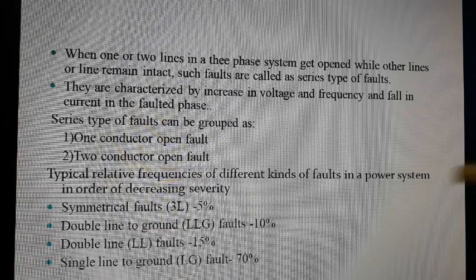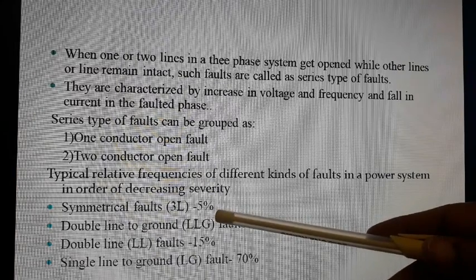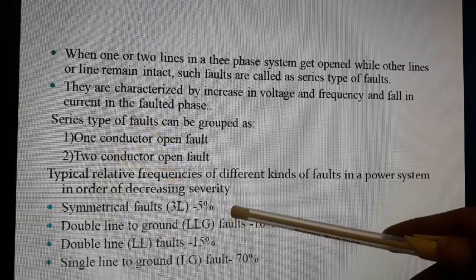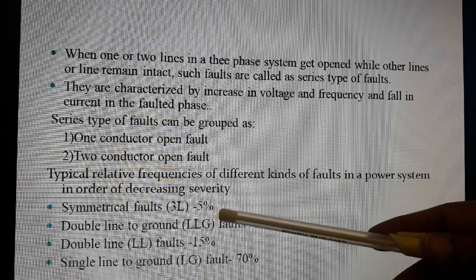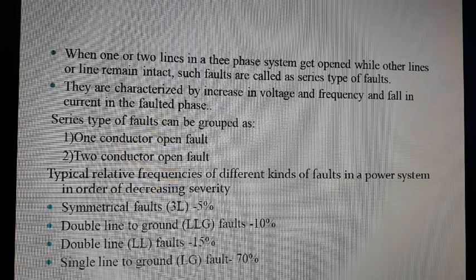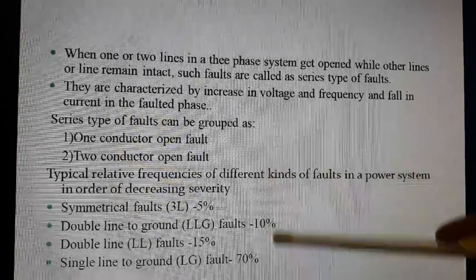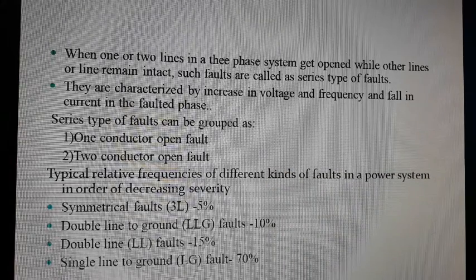But even though the frequency of occurrence of symmetric faults is less, at 5%, the severity is highest. The most severe type of fault is the symmetrical fault. The next severity is the double line to ground fault. So it has been listed in decreasing order of severity.